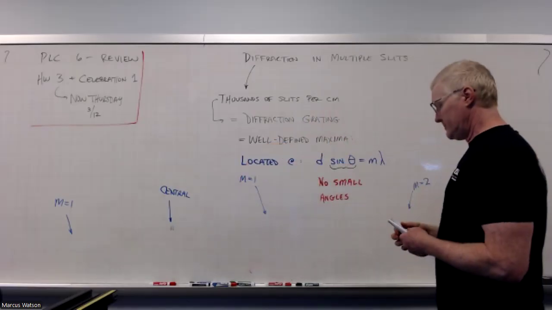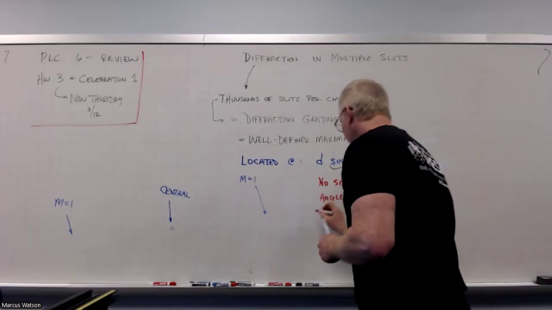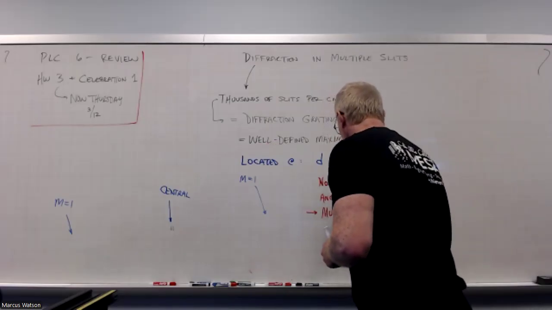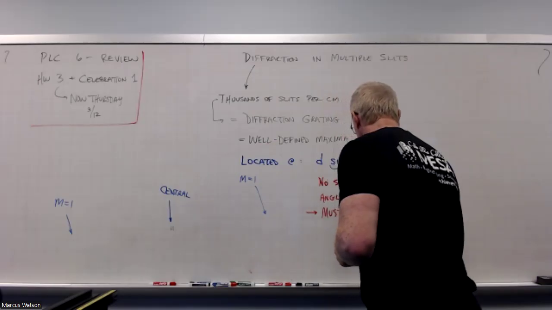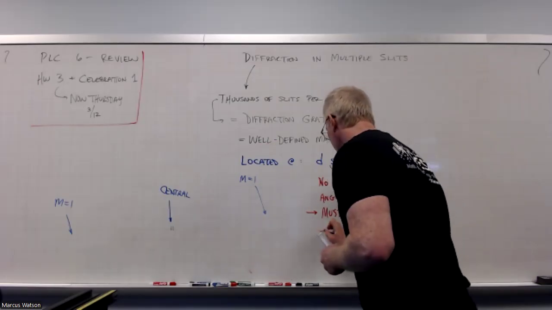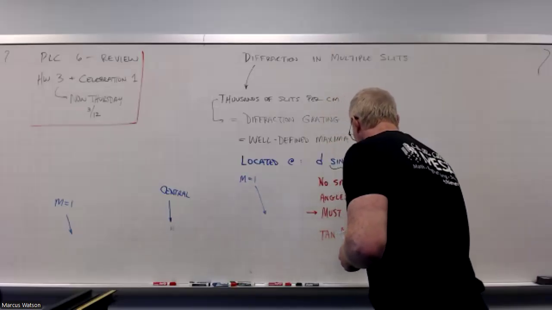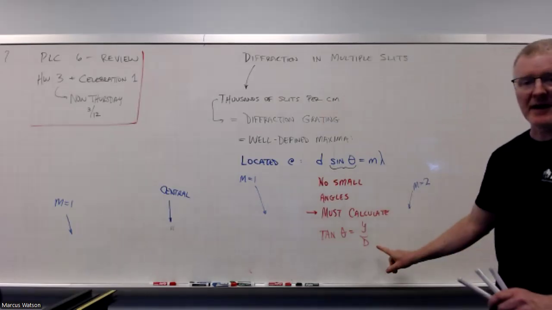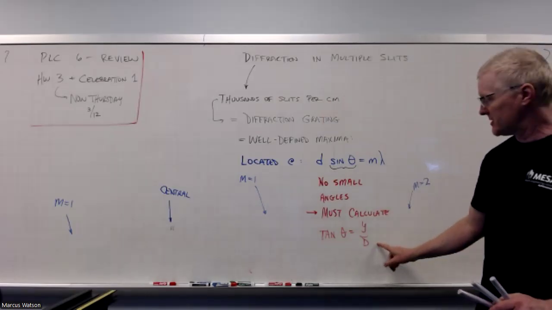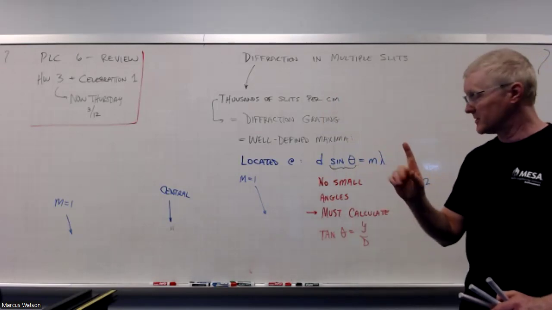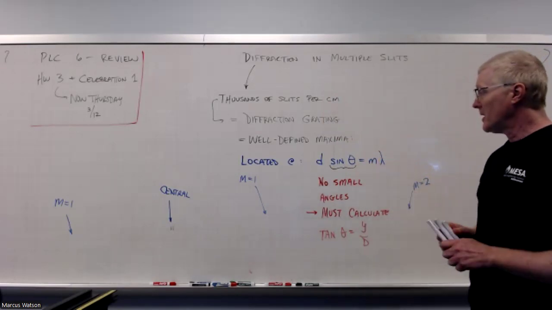So this must get calculated. Find theta from the y over d of the tangent, and then use that angle in here. So that's one thing to notice about this.